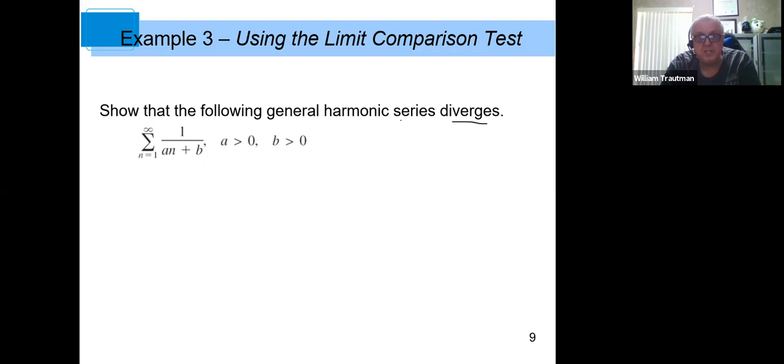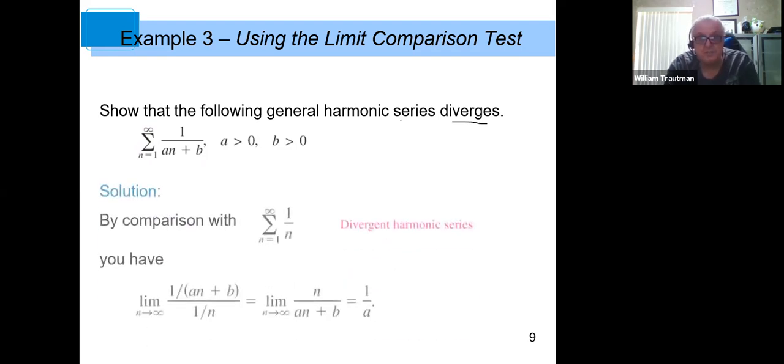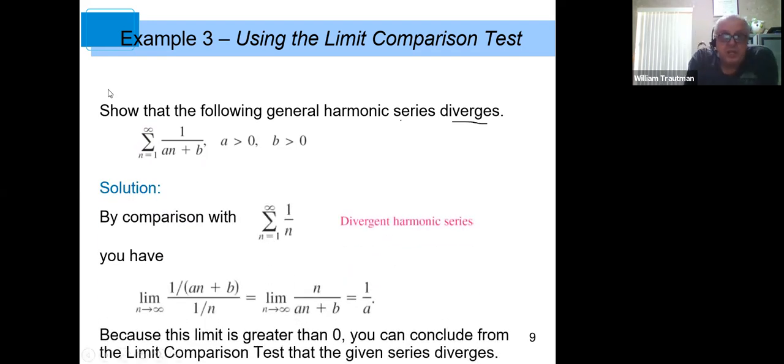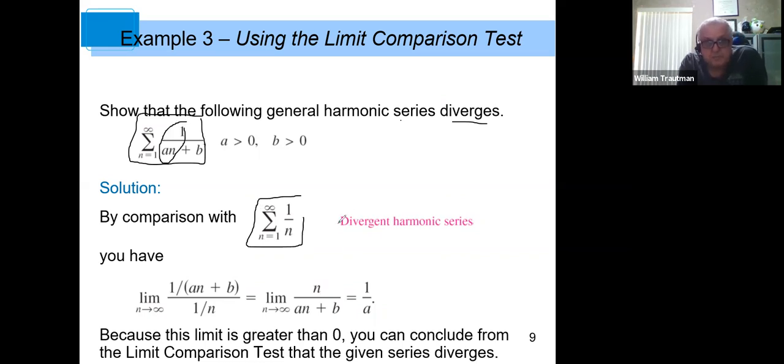If it lets me go to the next slide. There we go. This is the function, and we're going to compare it to something similar. We're just going to compare it to 1 over n. And we're going to divide the two.